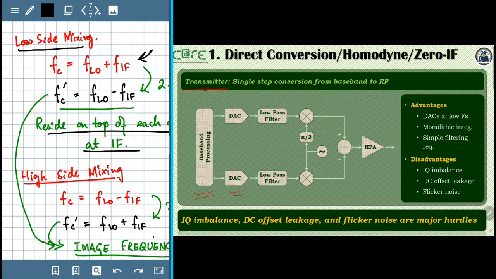So these are basically the I and Q branches that we discussed earlier. After passing through the DACs, because DACs typically produce images at the integer multiples of their sampling frequencies, we need to pass this signal through a low pass filter to retain only the spectrum that is lying in the region of plus minus fs by 2, suppressing all other portions of the spectrum in other Nyquist zones.